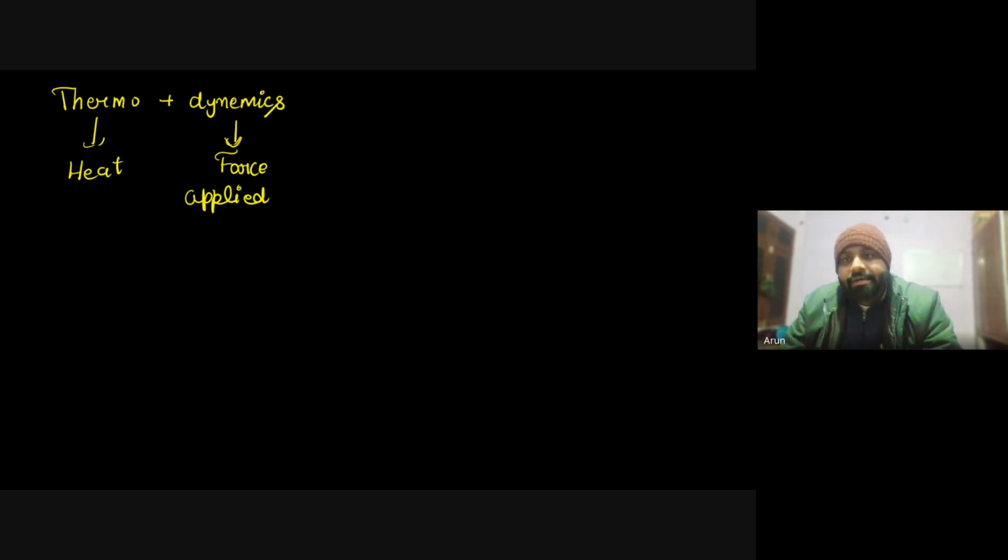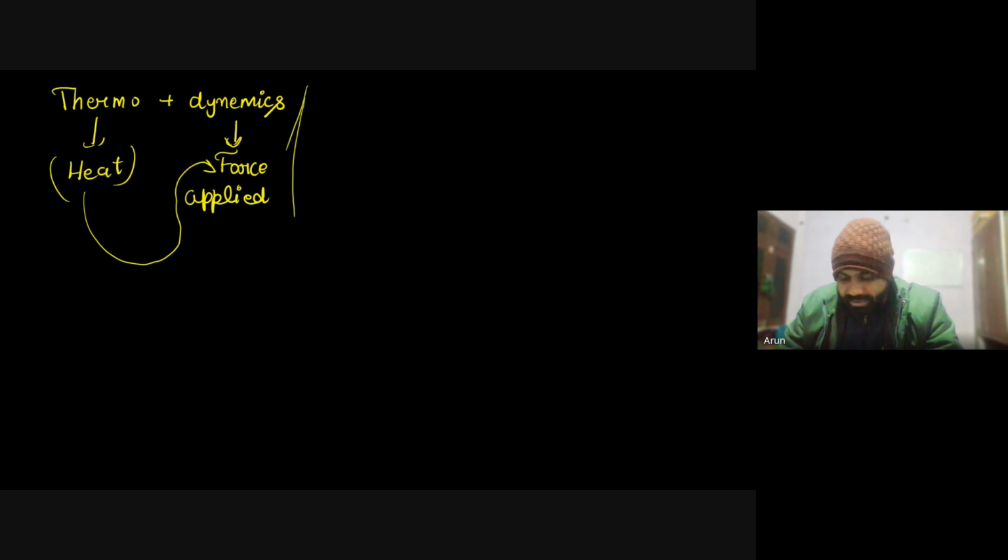Kinematics means we deal with the motion, and in dynamics we deal with the cause of motion. So here the cause is heat, and the effect of that cause is the dynamics. So thermo plus dynamics, which means the force exerted in a system by heat, is combinedly called thermodynamics.